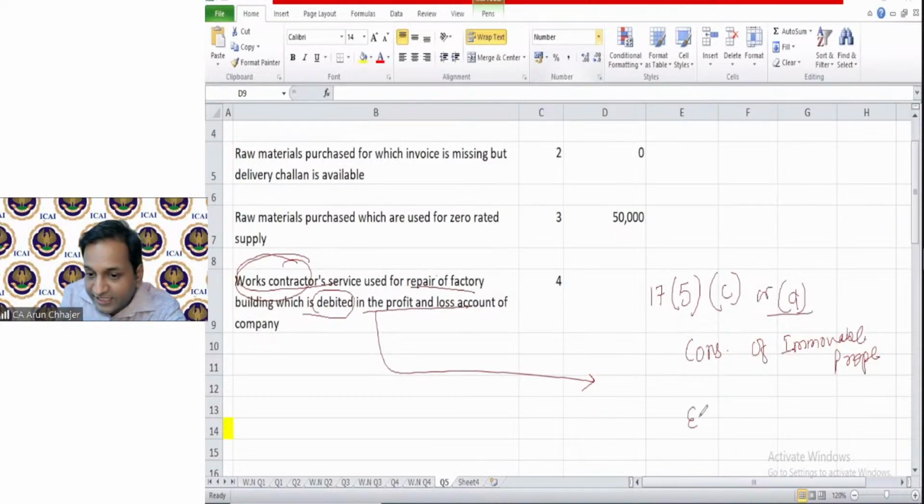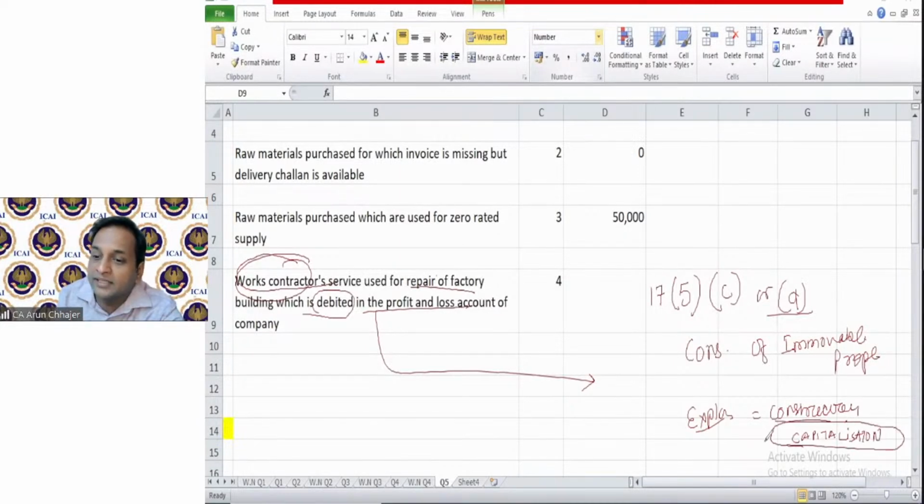However, the explanation says what the meaning of construction is. Construction means capitalization, and you need to highlight this, important, bold, italic, whatever you do. You have to highlight that construction means capitalization, to the extent of capitalization.